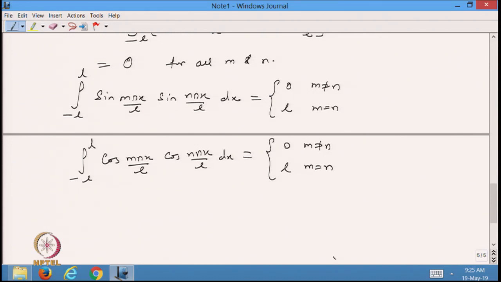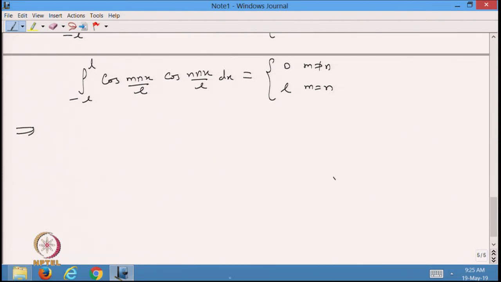So, this orthogonality property is always satisfied, because when m is equal to n, this becomes the square of that function, in fact the magnitude of the function, and that value comes out equal to L, otherwise 0. So, this is a very important property, the orthogonal property, because we are going to use it to find the coefficients in the Fourier series.